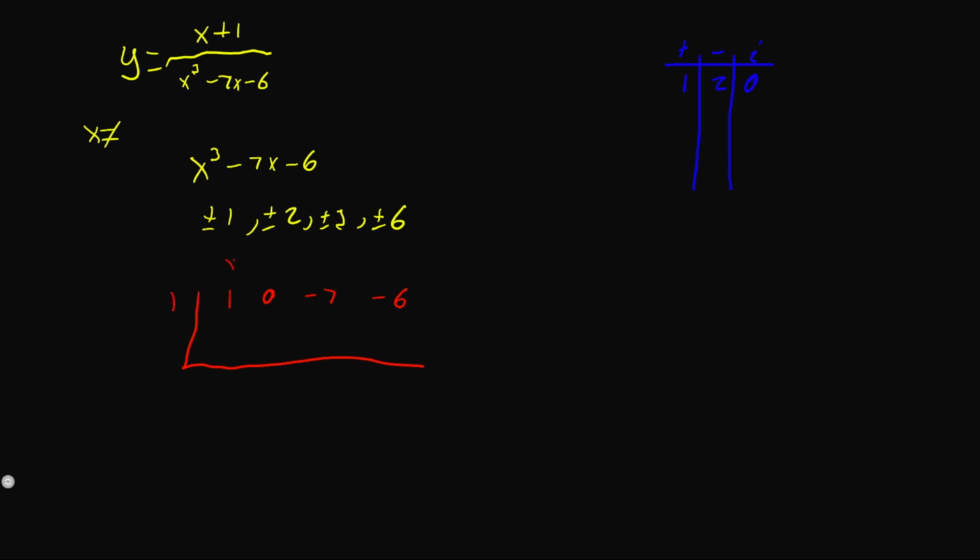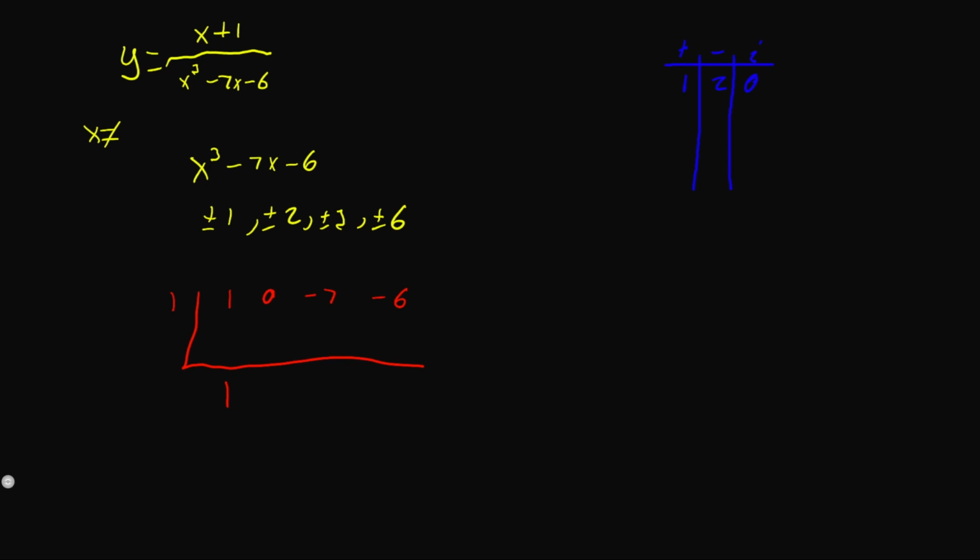So this should be in the form x cubed plus x squared plus x plus some number. We're going to see if we could get our remainder to be 0, and that will tell us if it's a factor. So here we're going to drop down 1. Just drop it straight down. Don't do anything to it.